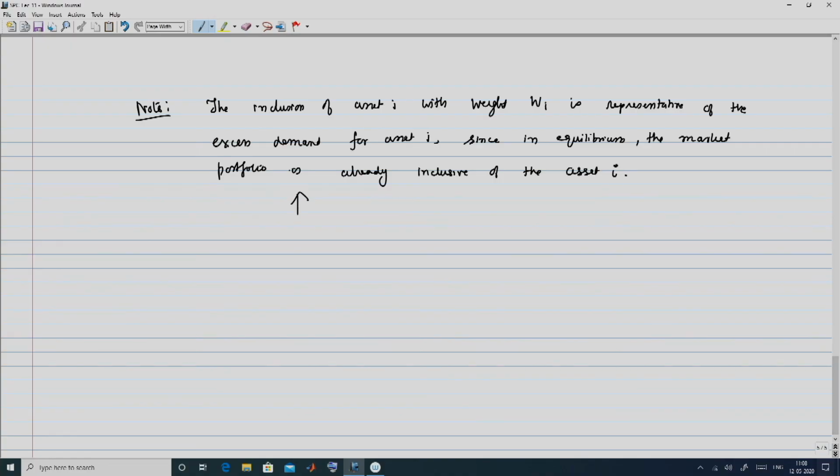Okay, so graphically this is going to look something like this. I look at the sigma p, ERP plane, and this is RF, and this is going to be my point of tangency, which is the market portfolio M, and this is the capital market line. I will take this curve to be EF to indicate the efficient frontier.